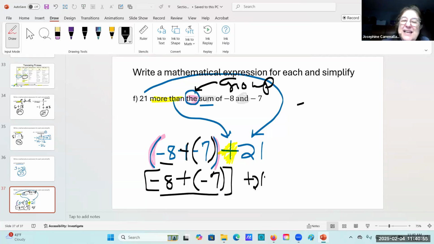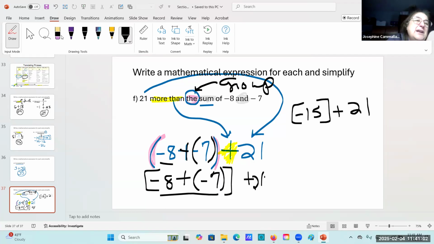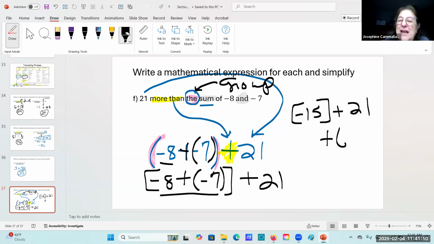So this bracket is -15 plus 21. I'll make my 21 a little better here. This is going to give me a positive 6. The is the math symbol for parentheses or group.